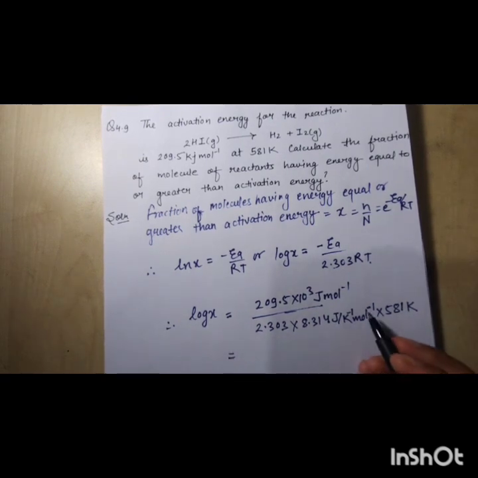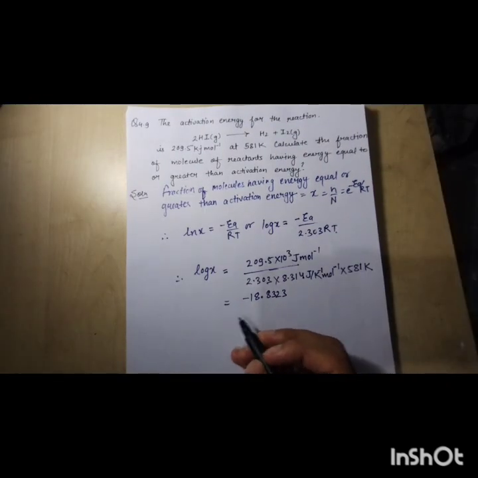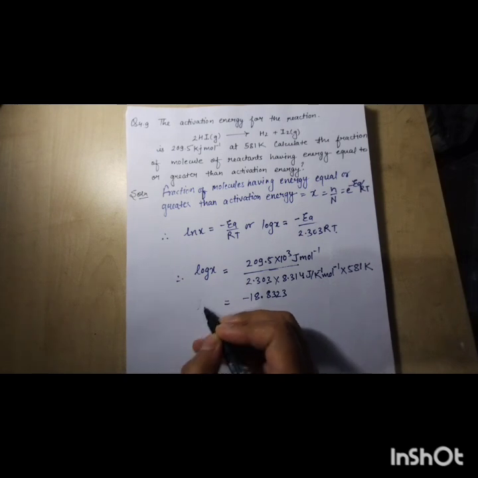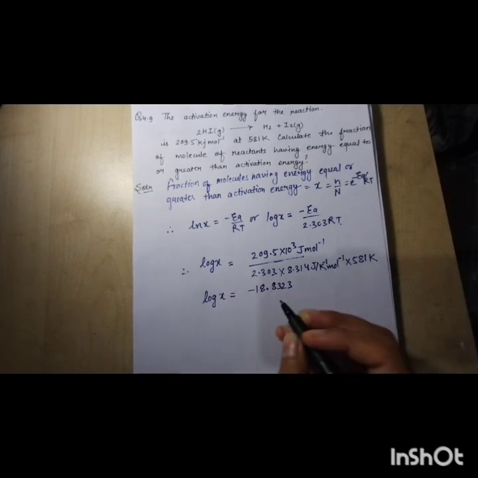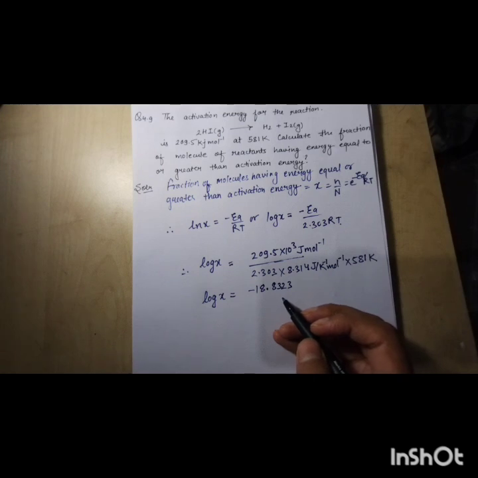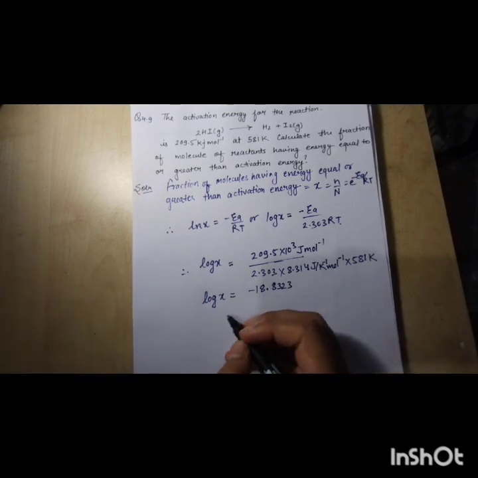So after calculating we will get minus 18.8323. So log x value is equal to minus 18.8323. As this value has a minus sign, it is taken as anti-log.